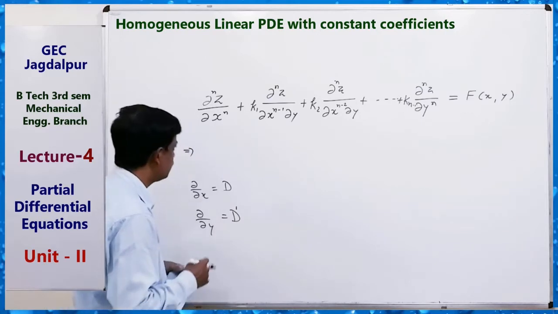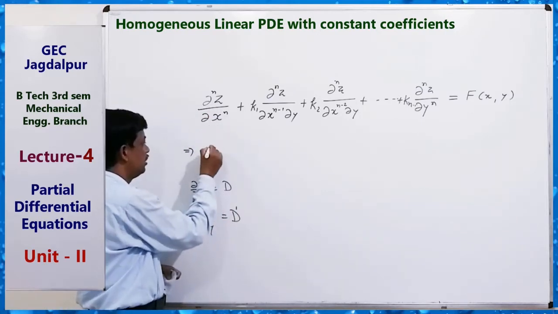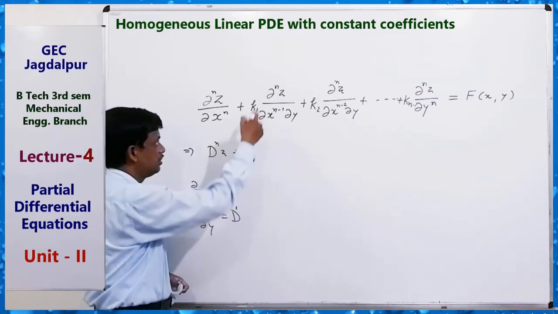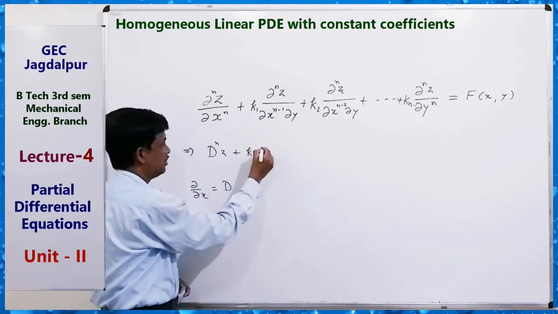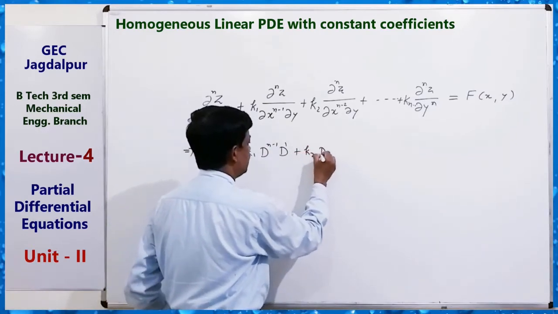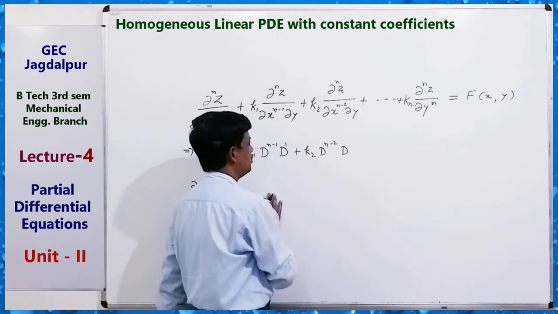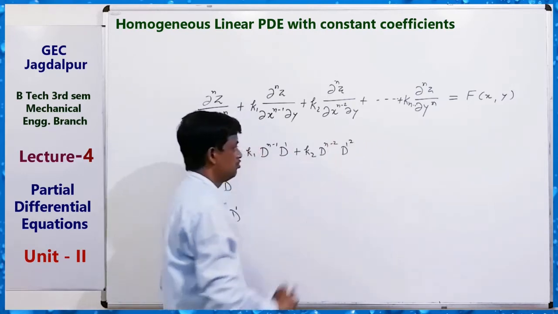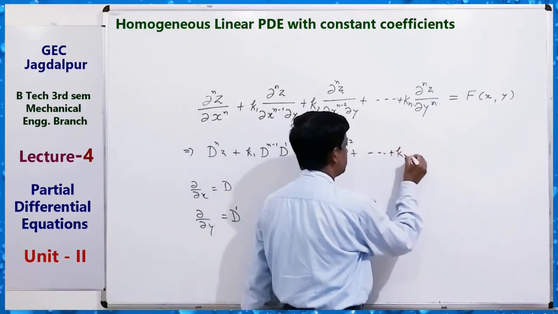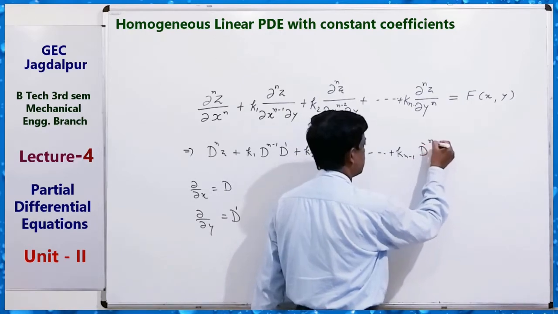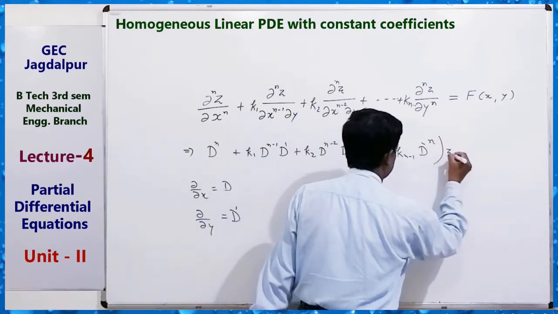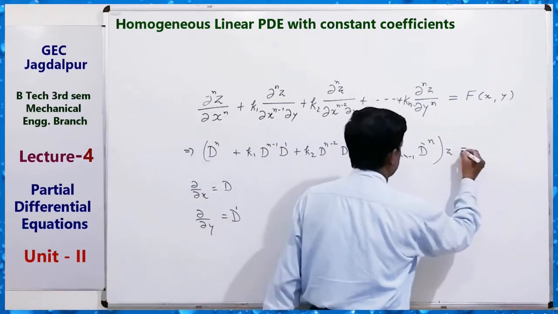If we use this notation, then we can write D n z plus k1 D n minus 1 D dash z, the same k2 D n minus 2 D dash power 2, up to k n minus 1 D dash power n, and z equals f of x y.